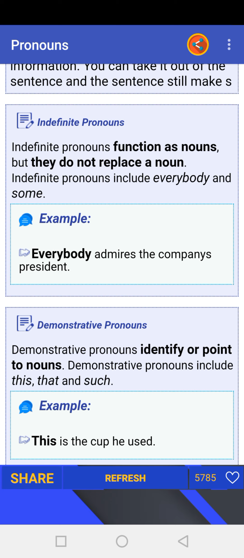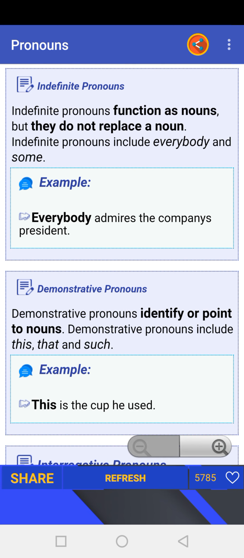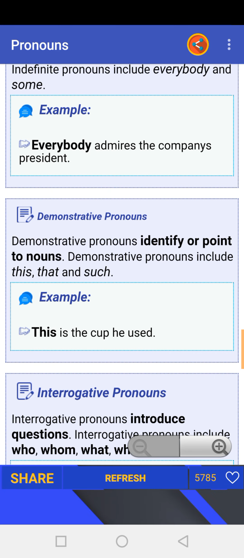Indefinite pronouns include everybody and some. For example, everybody admires the company's president. Everybody is an indefinite pronoun because it does not replace any noun in the sentence. Everybody admires the company's president.